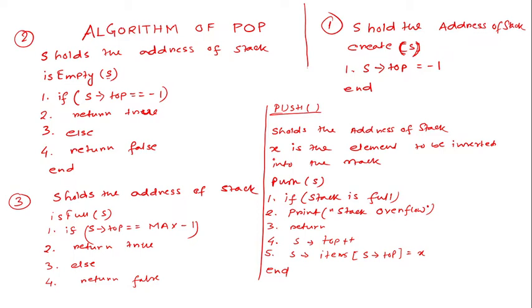Okay, similarly you can write down the pop operation. So for the pop operation you have to check in the same way, you need to write down what is X and what is S. Okay, again you need to write down S holds the address of stack.